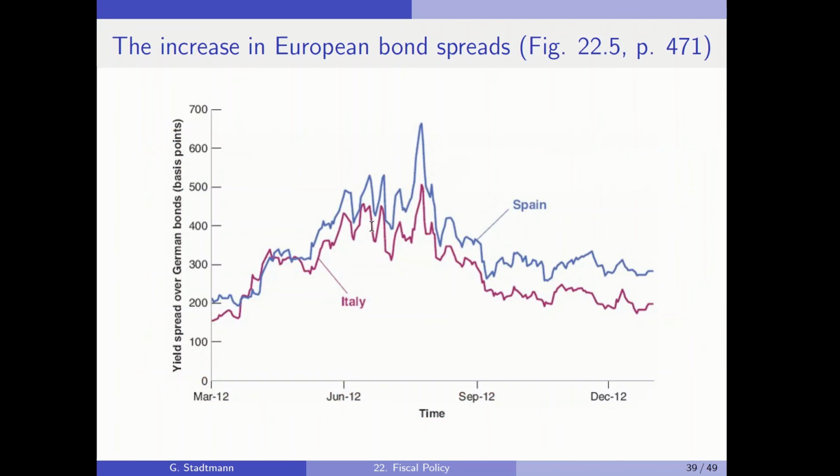So the famous talk took place in July 2012, and you can see here that the spreads decreased afterwards, and some economists believe that this is due to the fact that Draghi was giving this speech at this point in time.